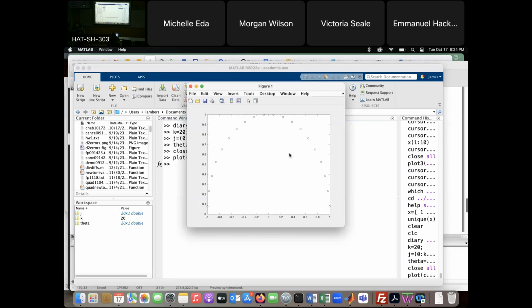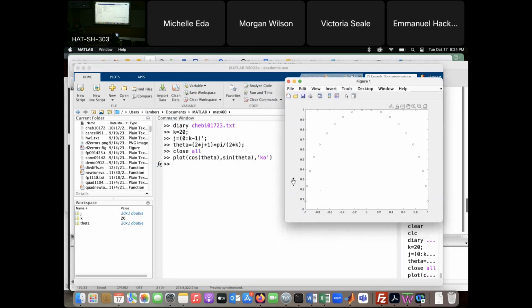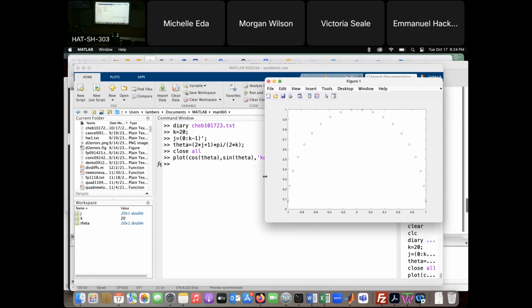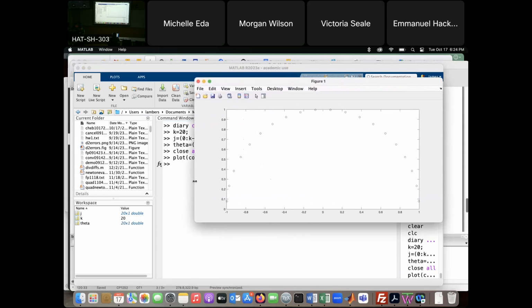Okay, so now I'm going to adjust this plot window because the scaling on the x and y axes are not the same. So I'm going to stretch this a little. Okay, so what we have is the top half of the unit circle.